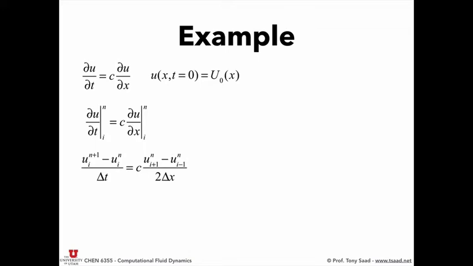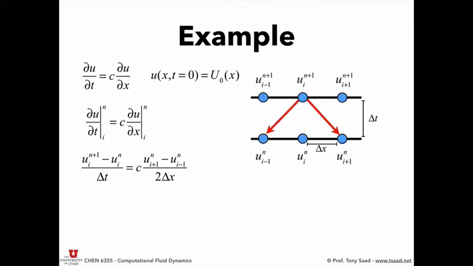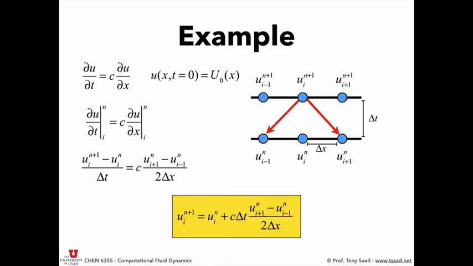Now, note the time levels. Because this is an explicit integrator, everything on the right is evaluated at n. So we put an n over here, and this is u^(n+1). So at any point i in our computational domain, this is our algebraic recipe: u_i^(n+1), the prediction in the future, is u_i^n plus c delta t over 2 delta x times (u_(i+1) minus u_(i-1)) at time level n.